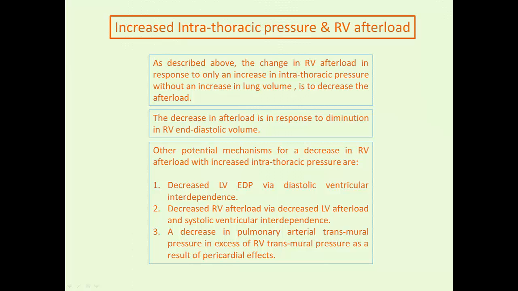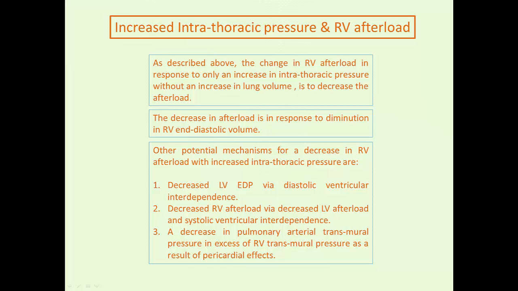So in theory, if you increase intrathoracic pressure and decrease left ventricular afterload, because you're decreasing the transmural wall stress of the left ventricle and aorta relative to the extrathoracic compartment, then you may facilitate unloading of the RV. And then a decrease in pulmonary arterial transmural pressure in excess of the right ventricular transmural pressure as a result of pericardial effects.